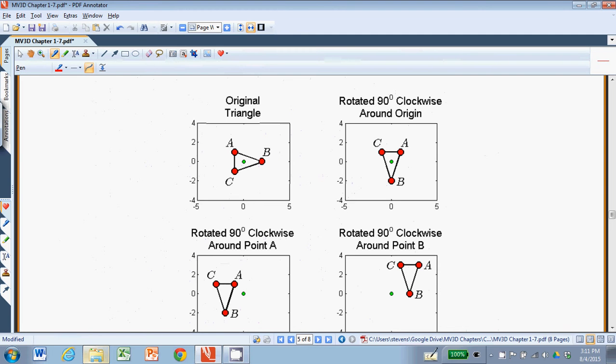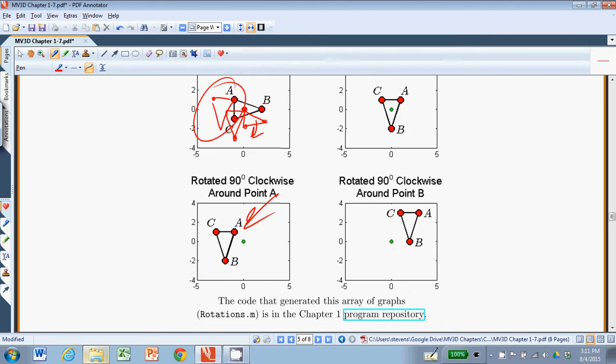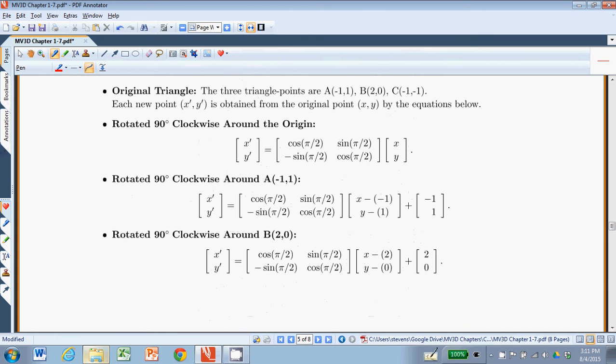That would put A at the origin, B would be down here, C would be down here, and then I would rotate this around the origin by 90 degrees, but then I would translate everything back up by A. And it would produce the rotation around the point A. And so that's how you do a rotation around another point. First you subtract the point, then you do the rotation, then you add the point back on.